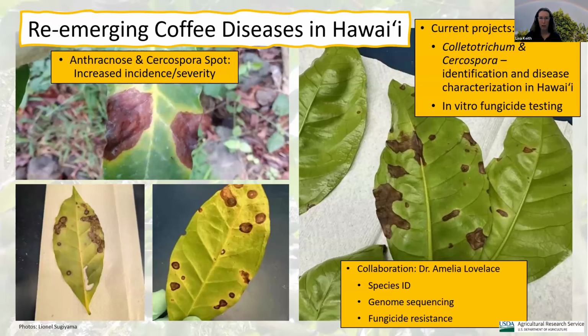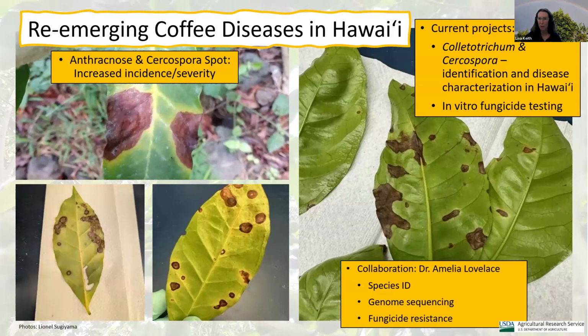Okay. The group does a lot of work with coffee. And some of the major ones, yes, we have coffee leaf rust present now here. We're the last coffee growing region of the world to get CLR.